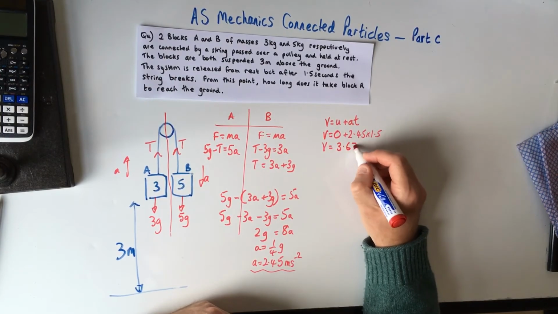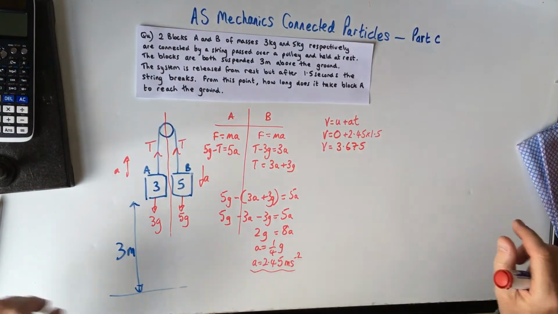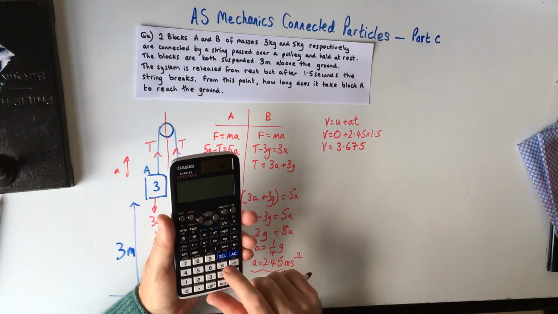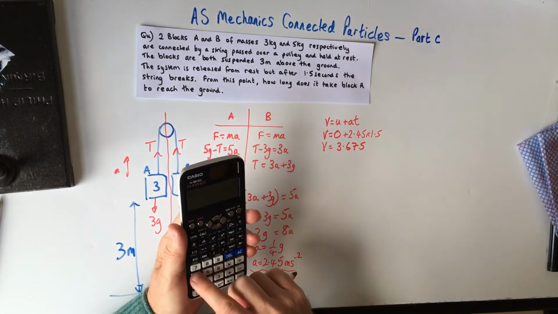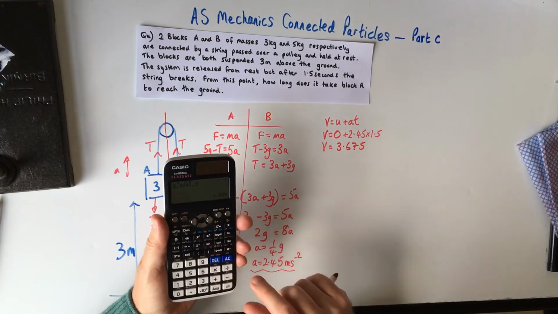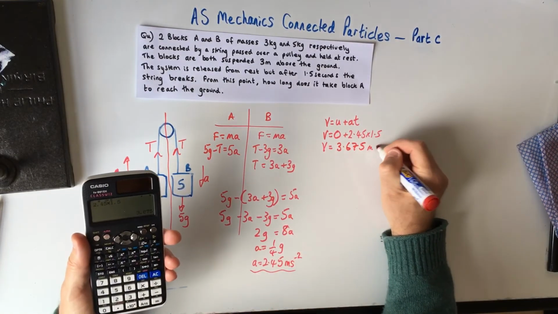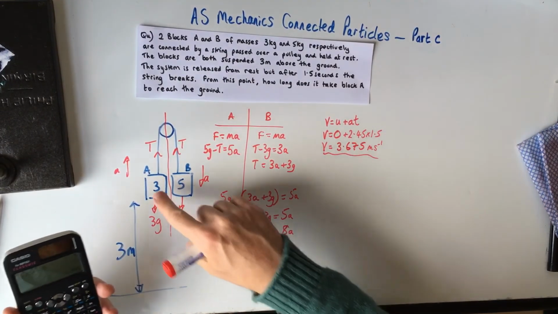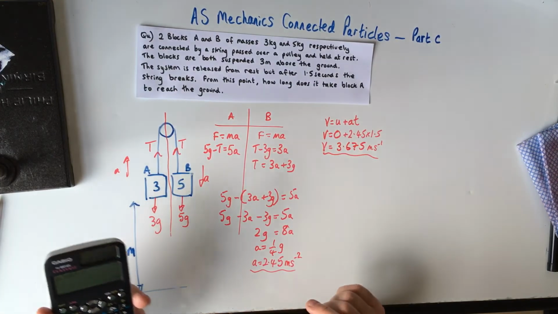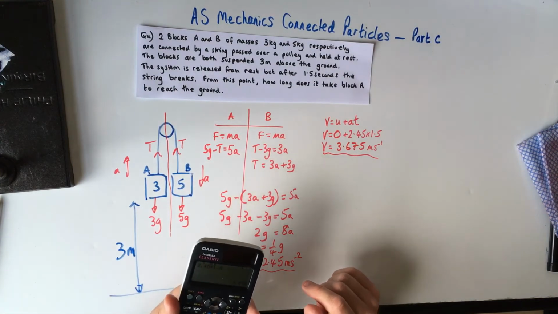I don't trust myself. I worked these out before, so I'm just going to check them, because I am prone to making mistakes. Those of you that have been taught by me would know that. 3.675 meters per second to the -1. So this block A reaches a velocity of 3.675.